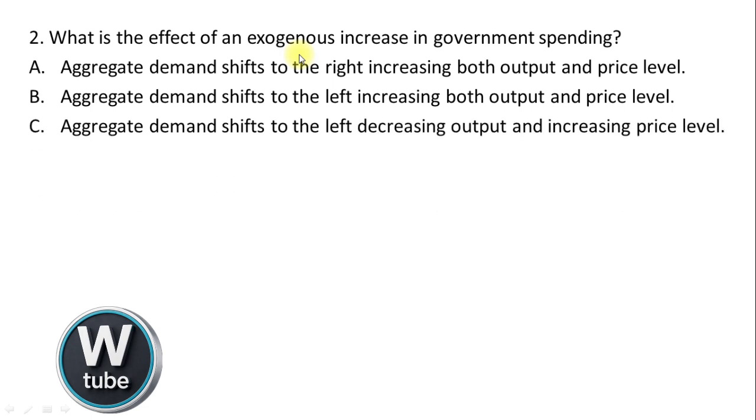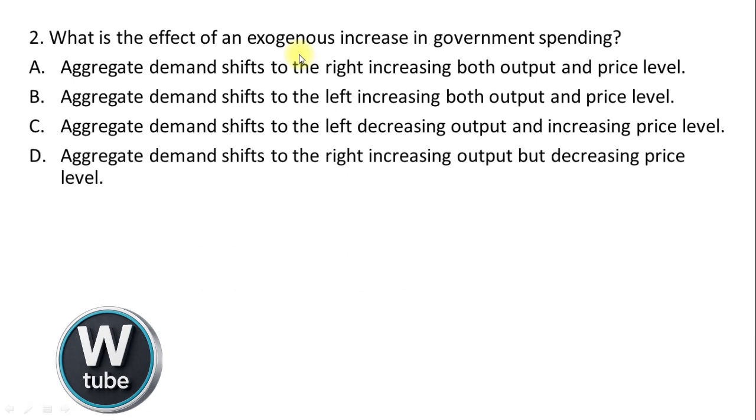C. Aggregate demand shifts to the left, decreasing output and increasing price level. D. Aggregate demand shifts to the right, increasing output but decreasing price level. Which one is the correct?